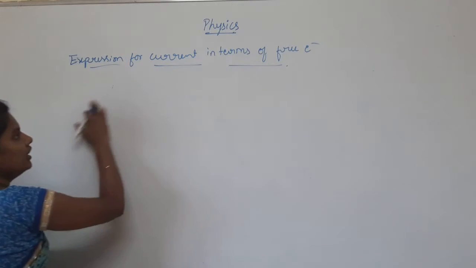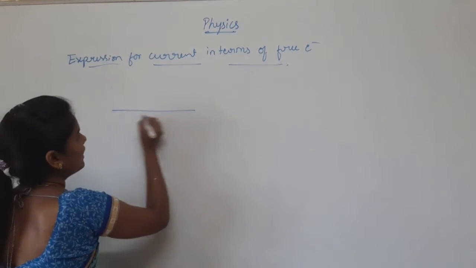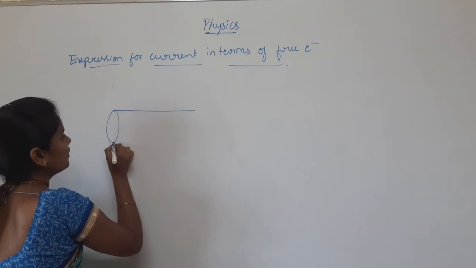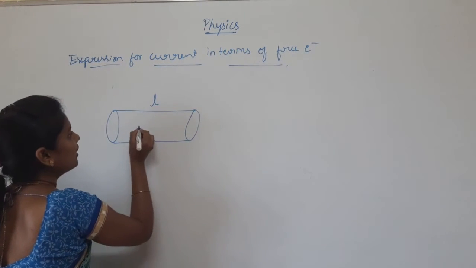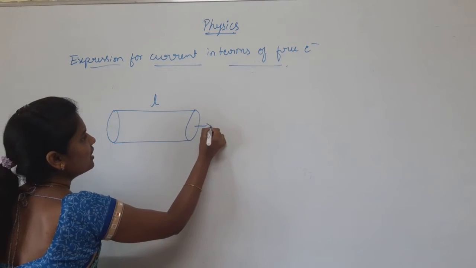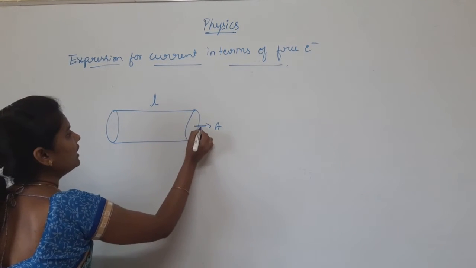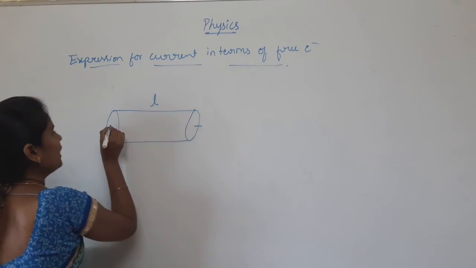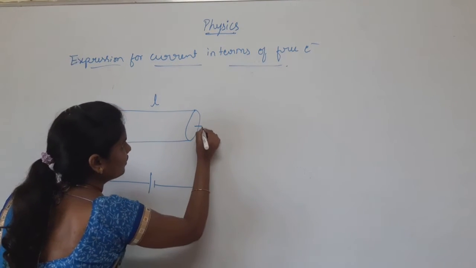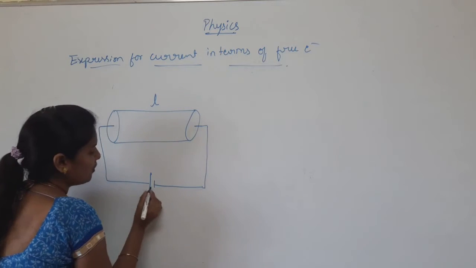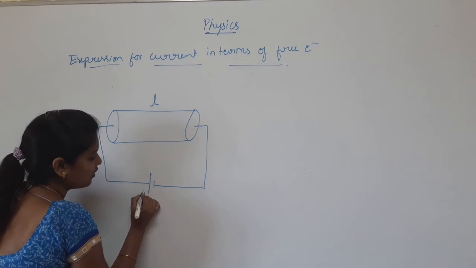Here also, let us consider a cylindrical conductor of length L and area of cross section A, connected to a battery to supply a potential difference.